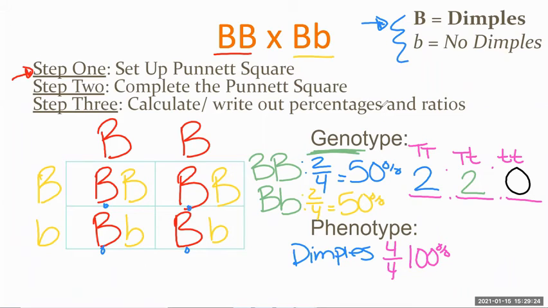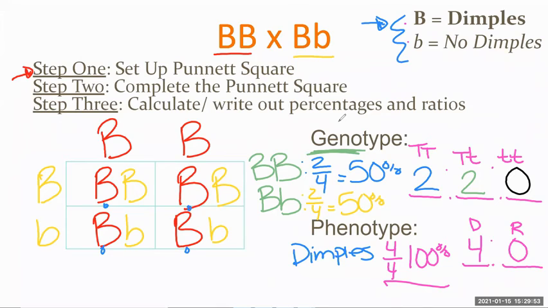For the ratio, you're going to do very similar to what you did for the genotype, but instead we're going to do phenotype. Here, there are only two options, the dominant and the recessive, so whether you have dimples or not. Like we just said, 4 of our babies have dimples and 0 do not. So our ratio there is 4:0.